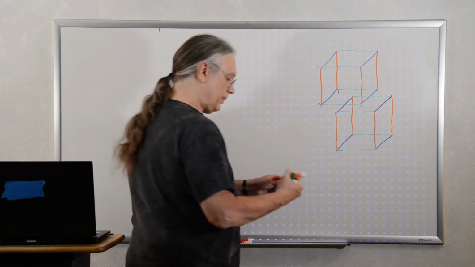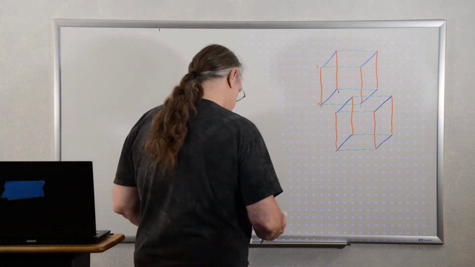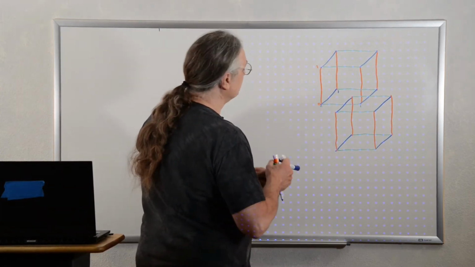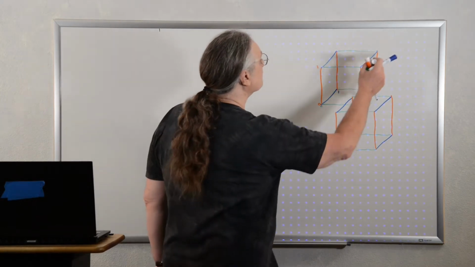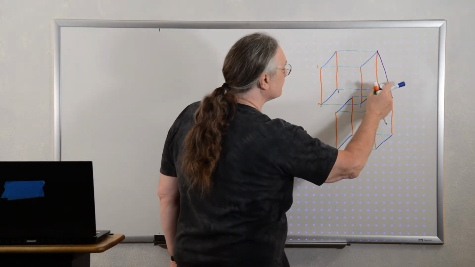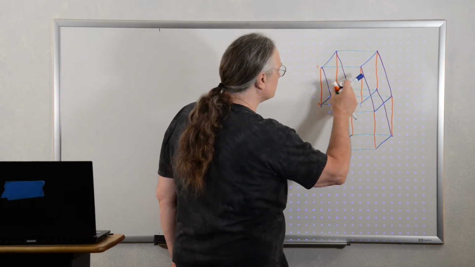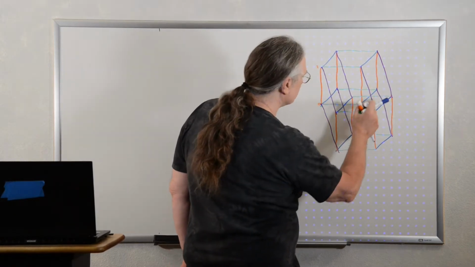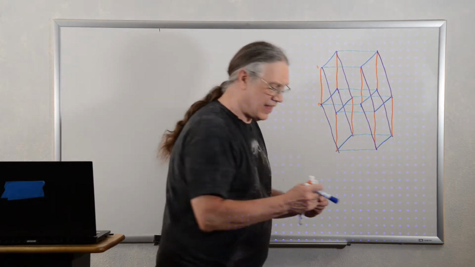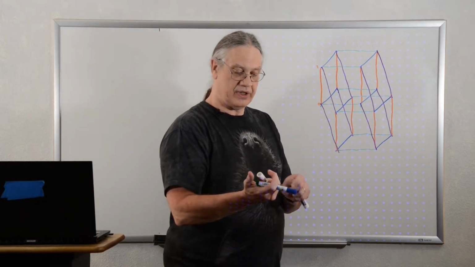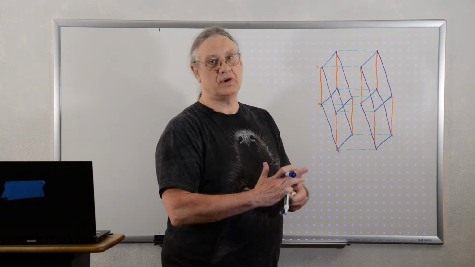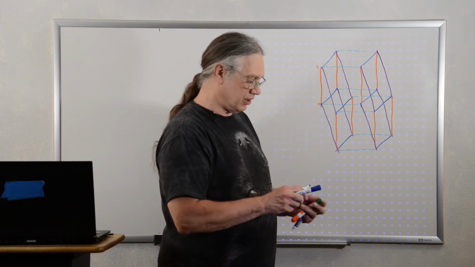Okay, we copied what we have, and now we connect the corners. And that is a four-dimensional hypercube, or a two-dimensional shadow of a four-dimensional hypercube.